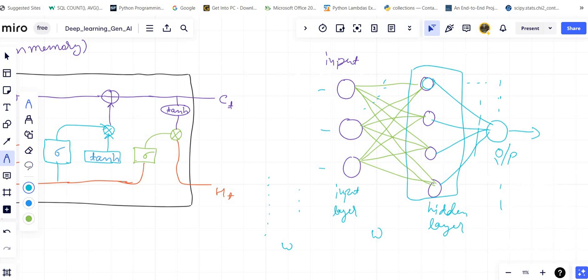Input is three neurons, hidden layer is four. So this will become 4 cross 3, so there will be a total of 12 weights.